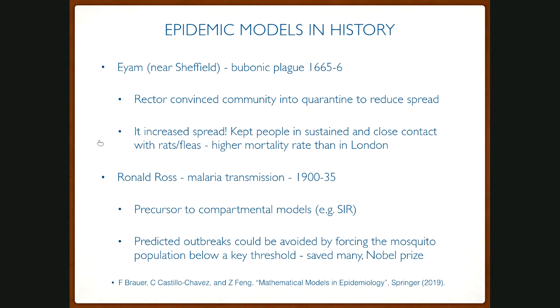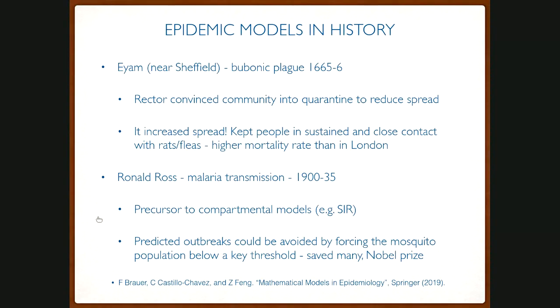On the other end, you have Ronald Ross, who's famous for describing malaria and the link with the parasites involved. He was also one of the early developers of epidemic models in terms of what we think of them now, which are mathematical or computational objects.